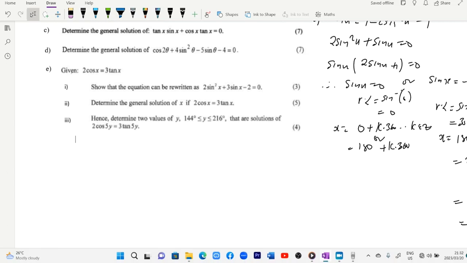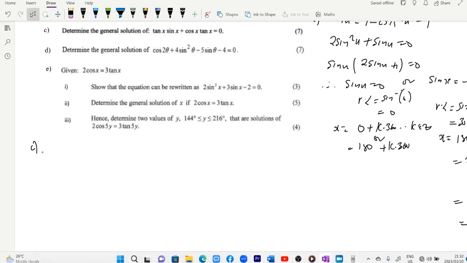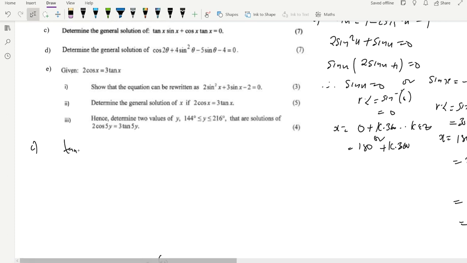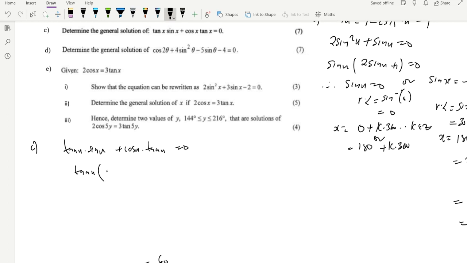Let me check number 3. Now for C, we have tan x times sin x plus cos x times tan x equal to 0. What we need to do here is take out a common factor of tan. It will be tan x times sin x plus cos x equal to 0.